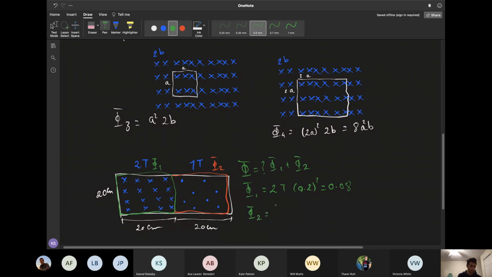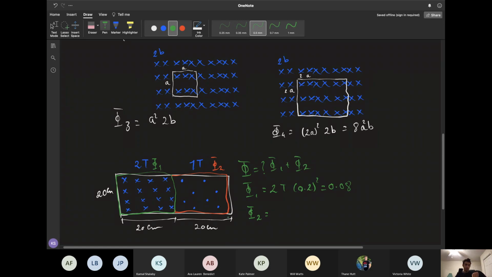What about this one? Close, but not exactly. We have this into the page, but the other one is out of the page. So the magnetic field in is opposite to the out.